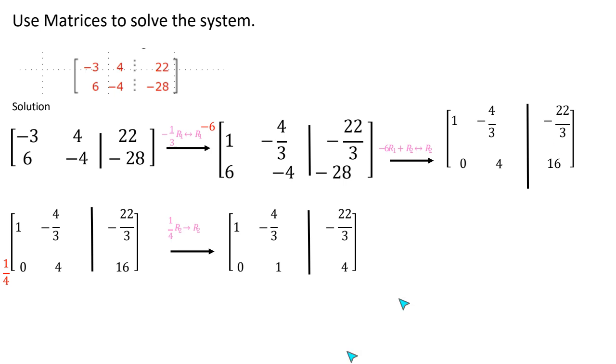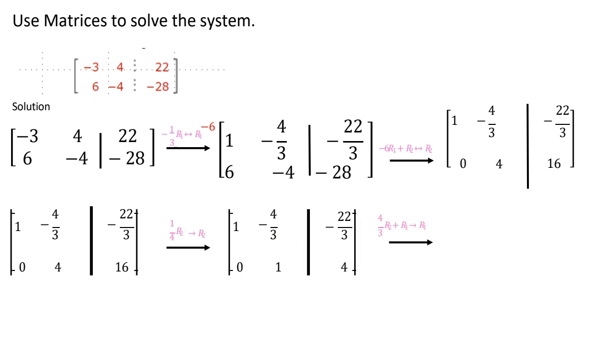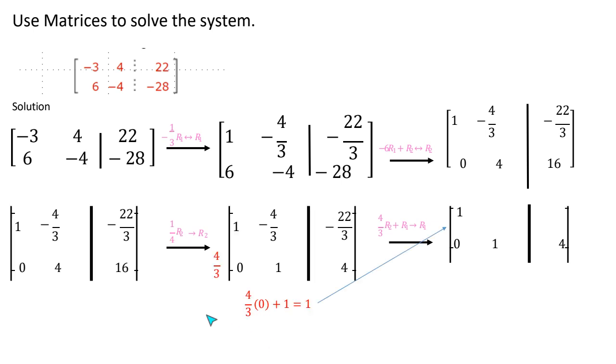But if you want to use Gauss-Jordan or reduced Gauss-Jordan, then our last goal is to make this -4/3 a 0. So to make it a 0, we're going to multiply by 4/3 and then add it to the -4/3. Okay, the second row stays the same. So 4/3 times 0 is 0 plus 1 is 1.